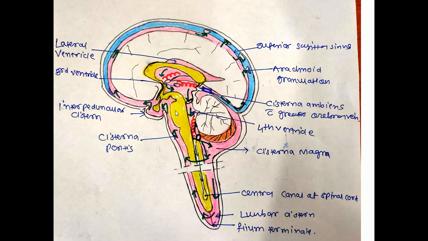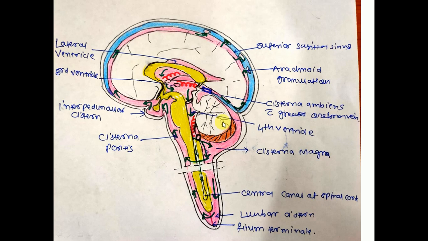This is the connecting portion of the two cerebral hemispheres, known as corpus callosum. This is the part of the midbrain. This is our pituitary gland. This is pons, medulla oblongata. Midbrain, pons and medulla oblongata are known as brainstem, and this caudal portion is the spinal cord. This is our cerebellum.